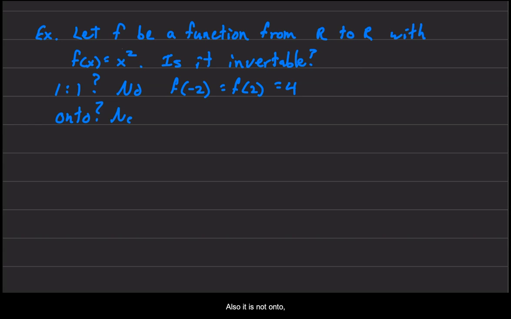Also, it is not onto, because we have no inverse function for, say, negative 1 in the set of real numbers.